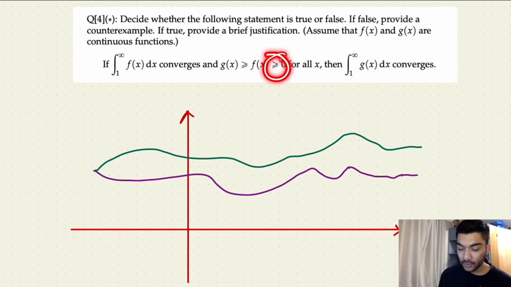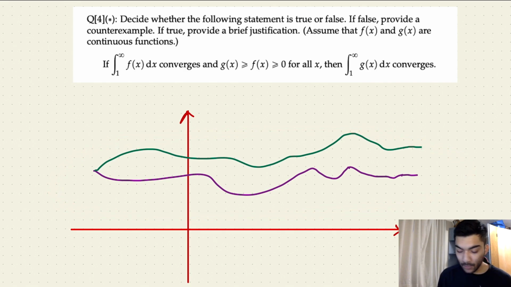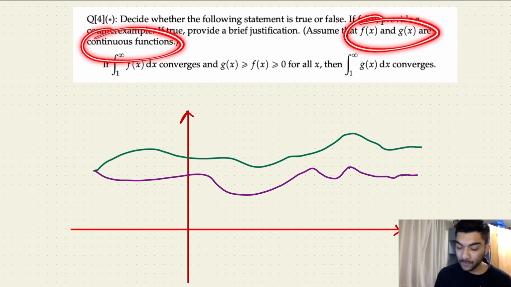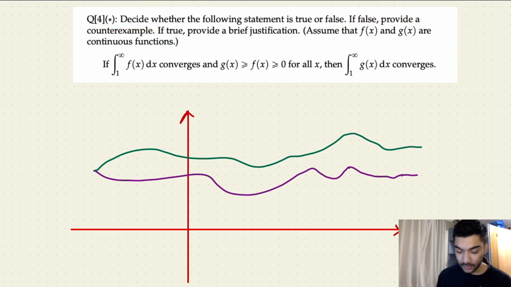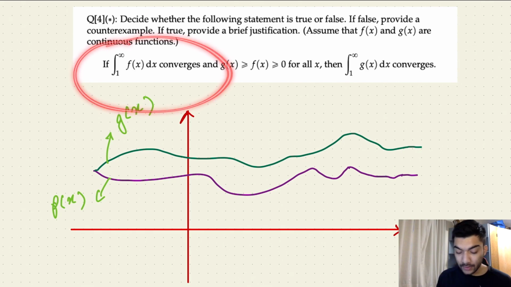That is why the y values are greater than or equal to 0 for all x in the interval, right? And since there is no breakpoint in the graphs, they are also continuous functions. So this is the graph of f of x and this is the graph of g of x. Now, based on this graphical representation, we have to check whether this integral converges if the other integral also converges.